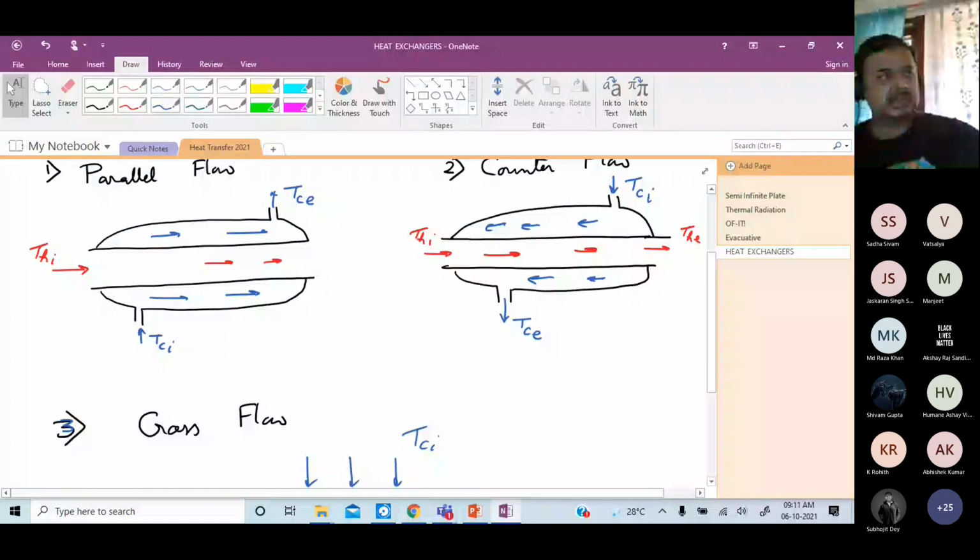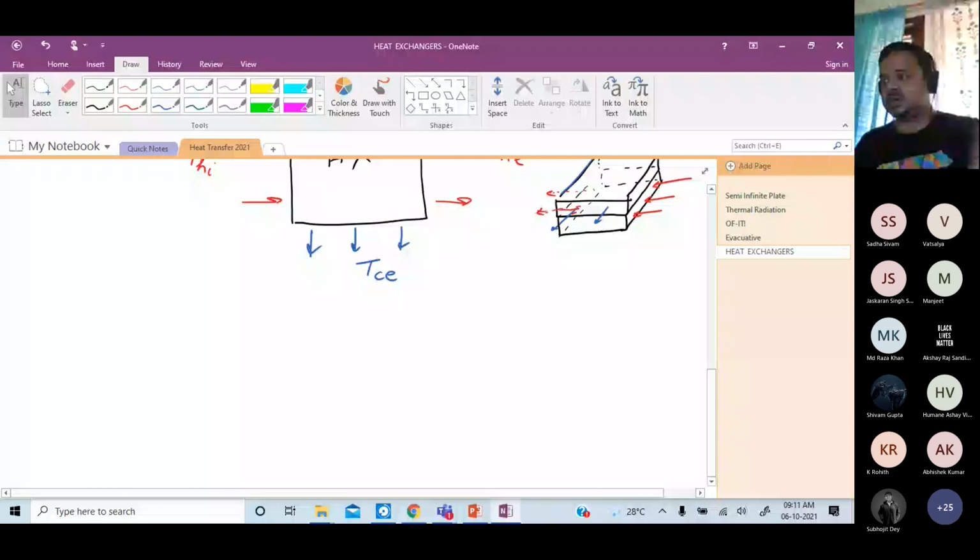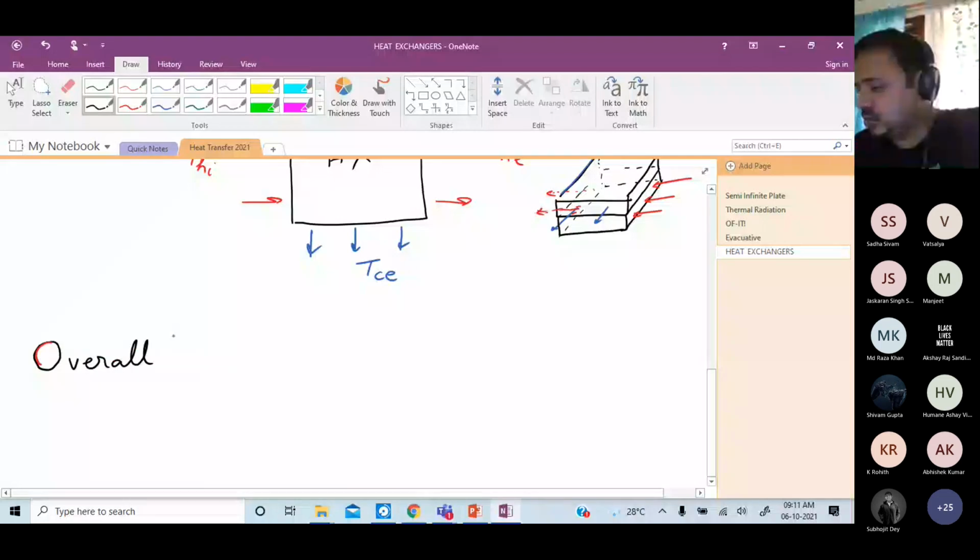Okay, now I need to see a few things here. Okay. All right. The next concept that we are going to talk about is known as, very important, okay, it's called overall heat transfer coefficient.